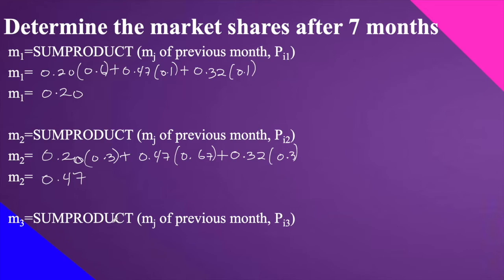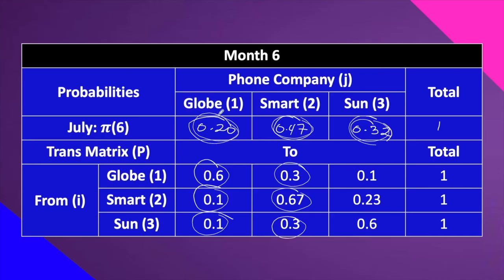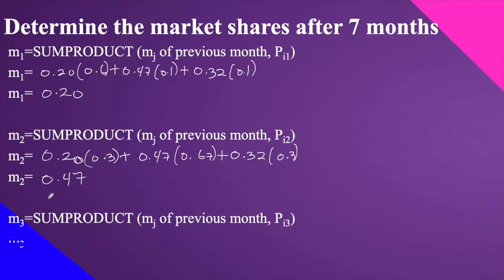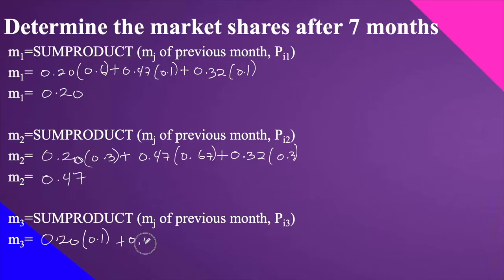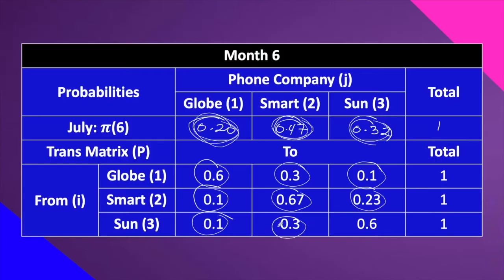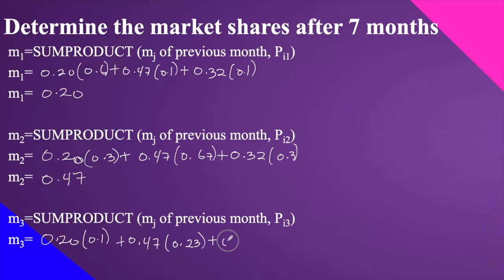Sum product of M sub J of previous month and the P sub I3. Itong column na yan. So, we have 0.20 times 0.1 plus 0.47 times 0.23 plus 0.32 times 0.6.